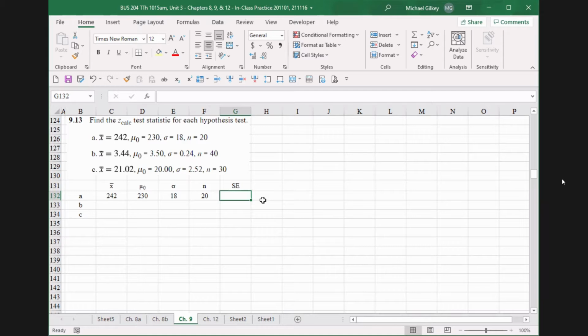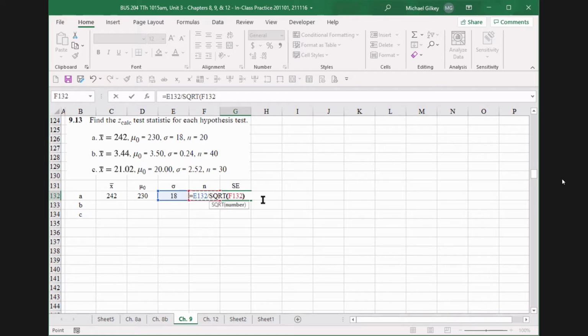We take the standard deviation divided by the square root of n. Exactly. And you're going to hear that question like 50 times between now and the end of the semester, because this is something you've got to know. There's our standard error.